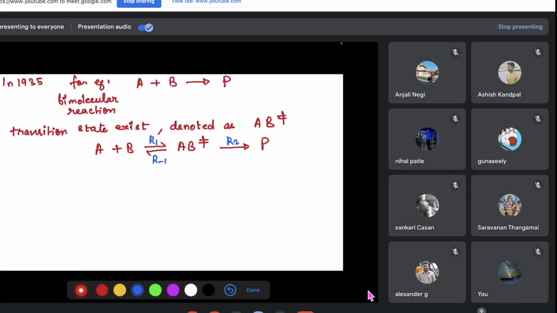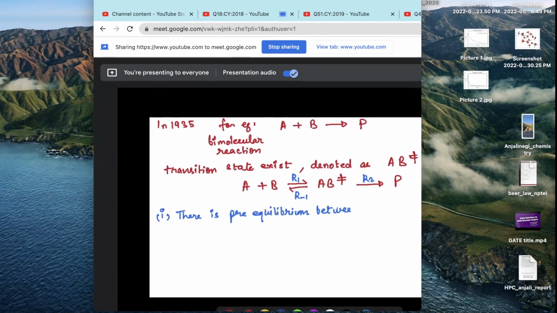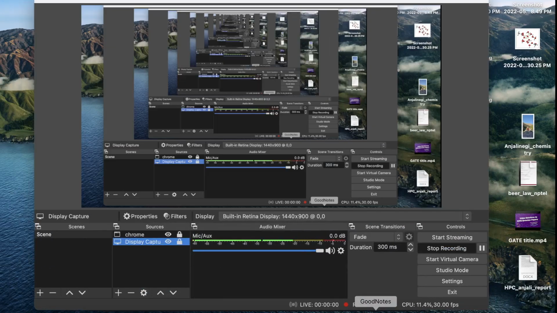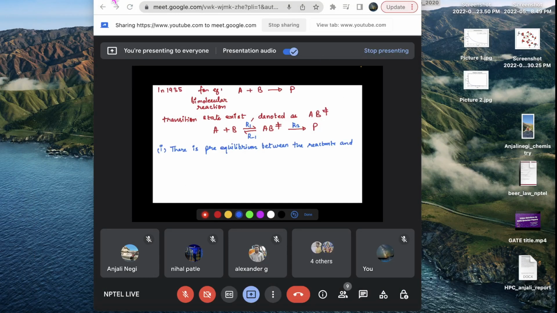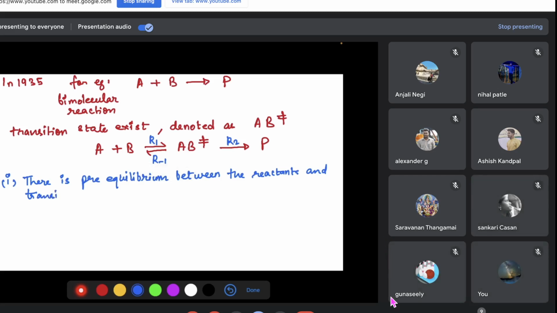So the points to note here: one, that there is pre-equilibrium between the reactants and transition state.